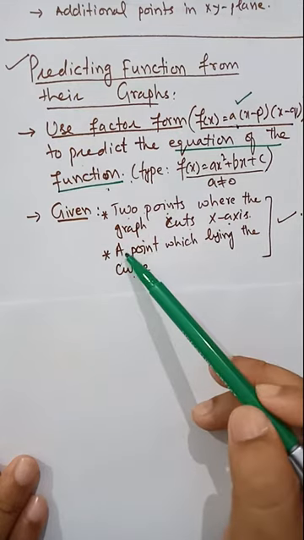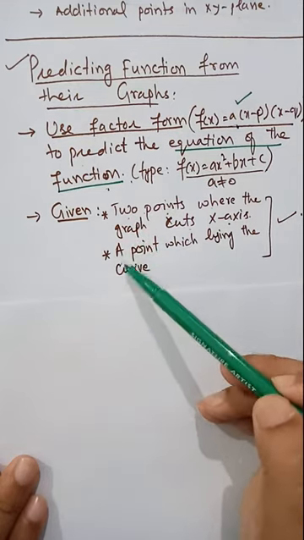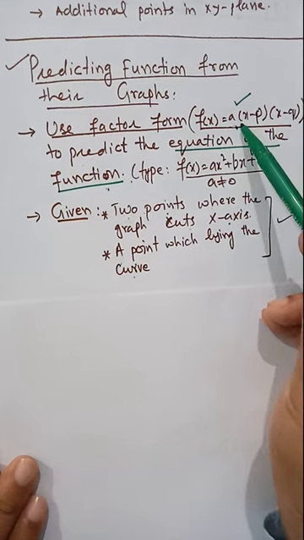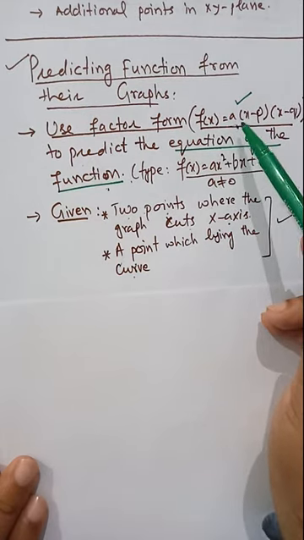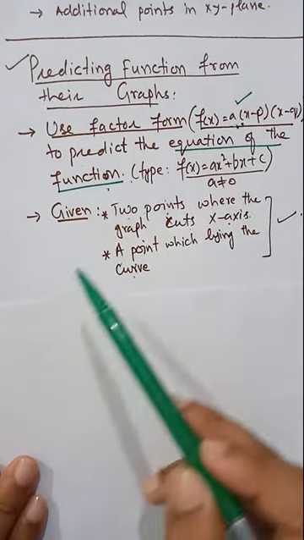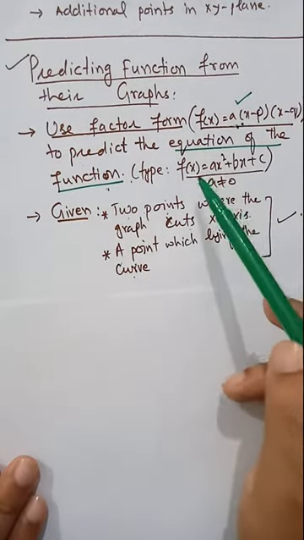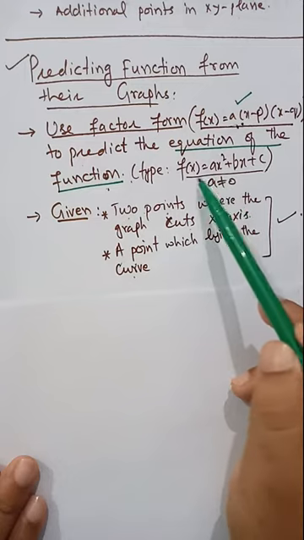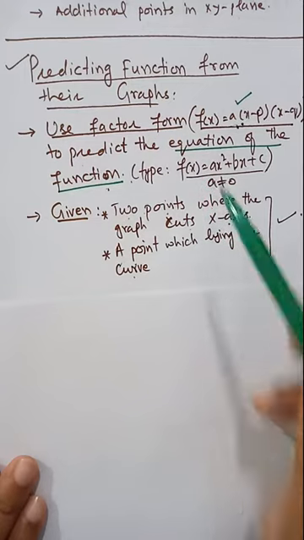This is the given information, and from it you will use the factor form of the quadratic function. From that we will predict the equation of the function, and the function that you predict will be in the general form.